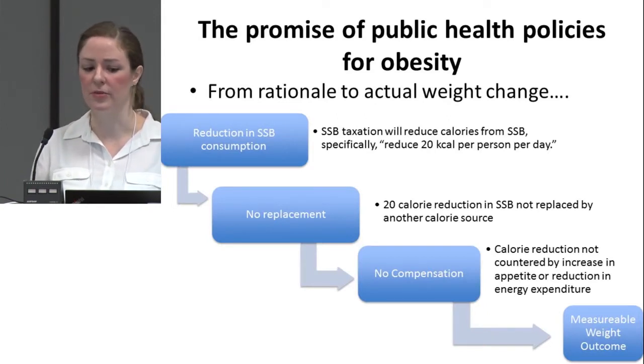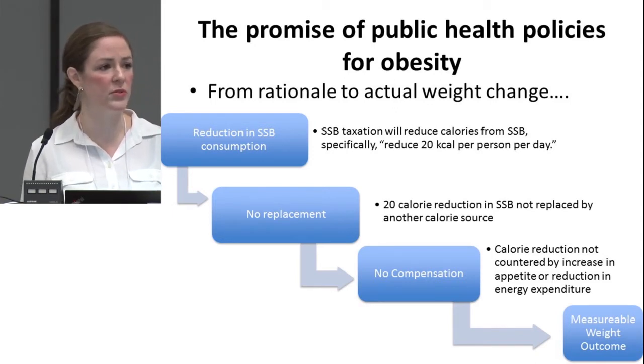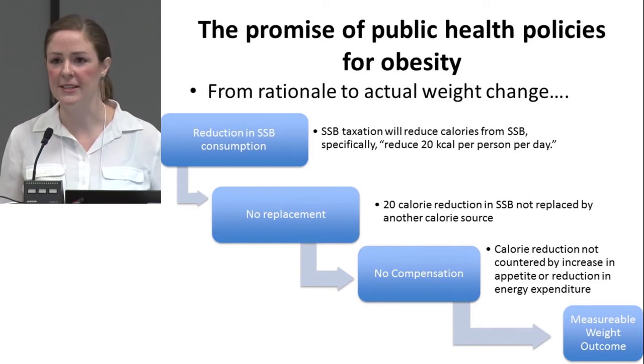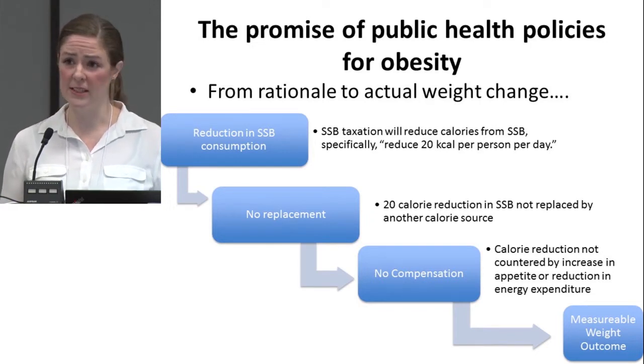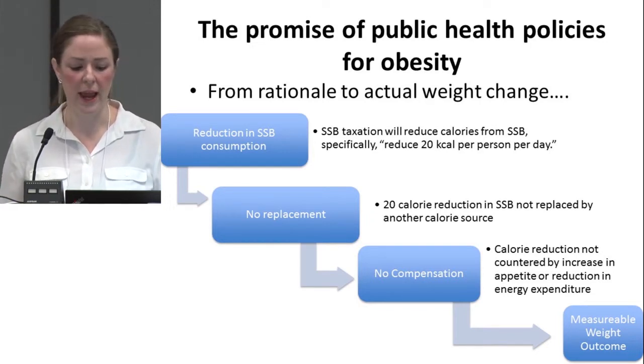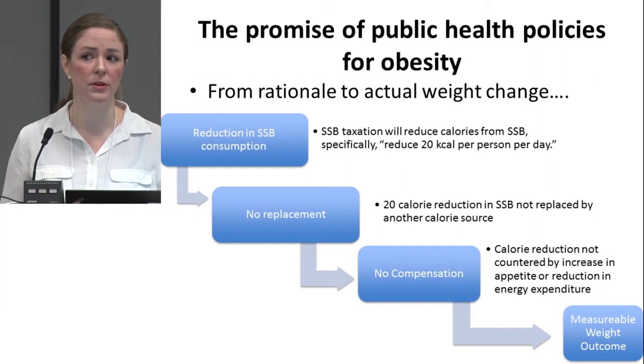What does that look like from rationale to actual weight change? The first step, of course, I think a lot of times we do go as far as verifying that taxing sugar-sweetened beverages reduces calorie intake by 20 calories from that particular calorie source. Now, the next assumption we're going to be making is that those 20 calories of sugar-sweetened beverages are not replaced by another calorie source, right?